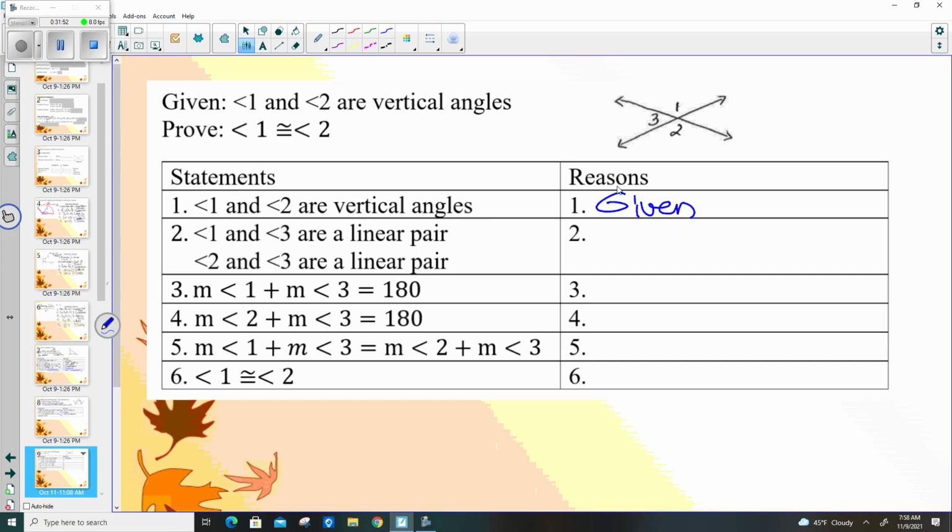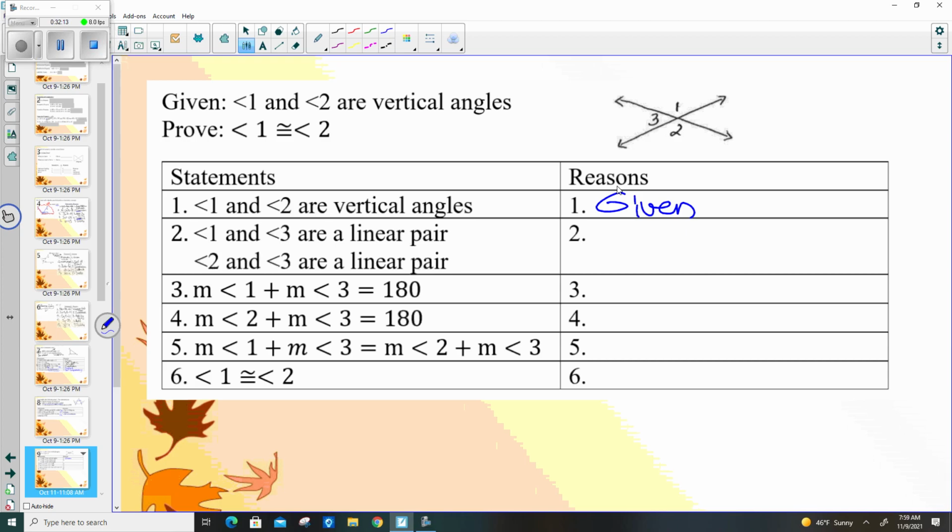What do you think the word linear pair means? Our next step says angle 1 and 3 are a linear pair, and angle 2 and 3 are a linear pair. Those angles fall on the same line, and they make an actual line together.